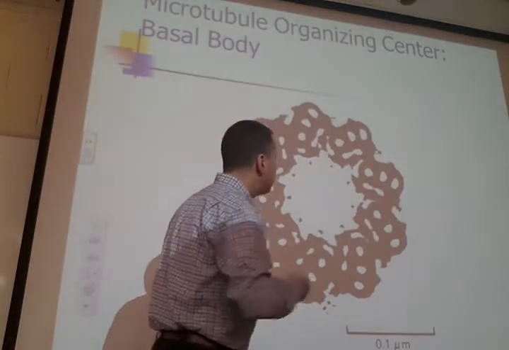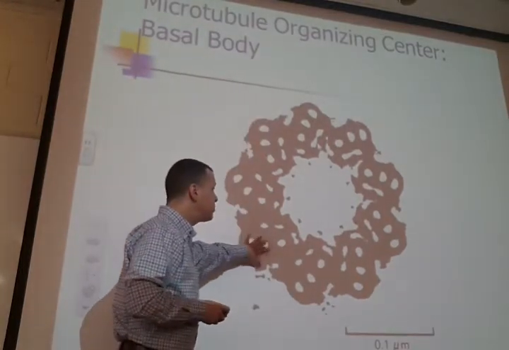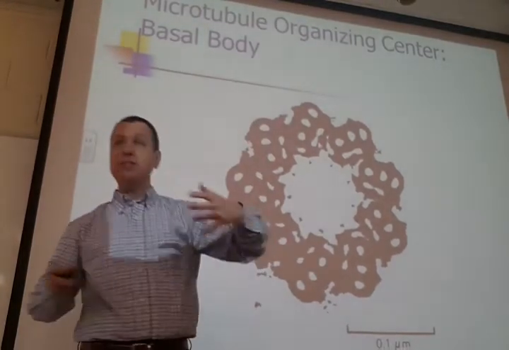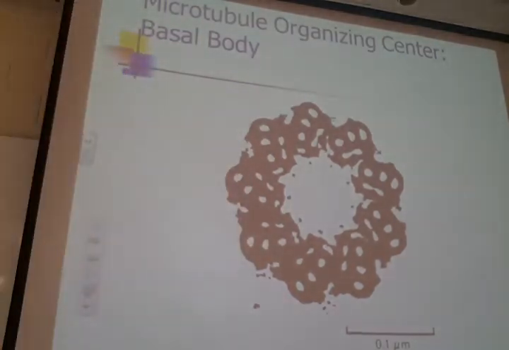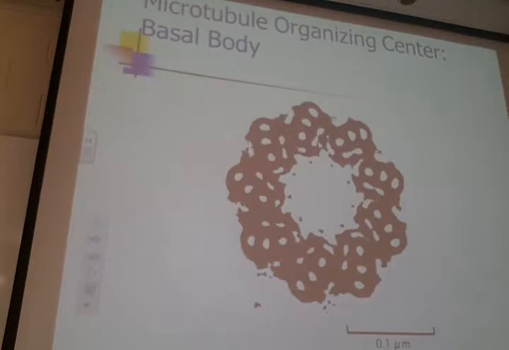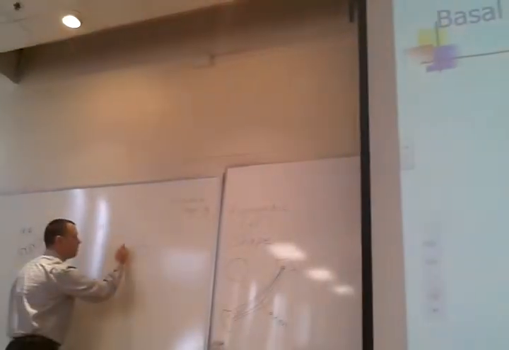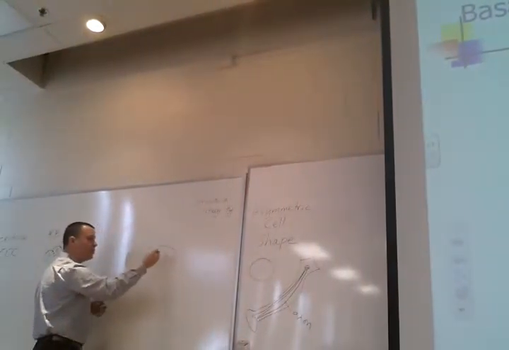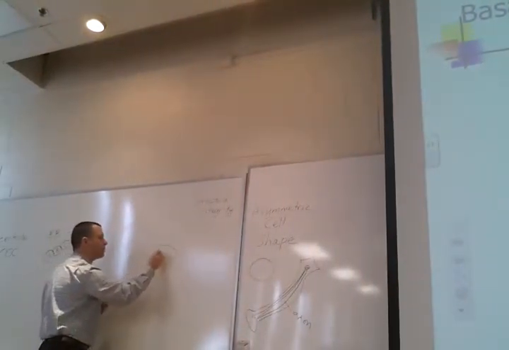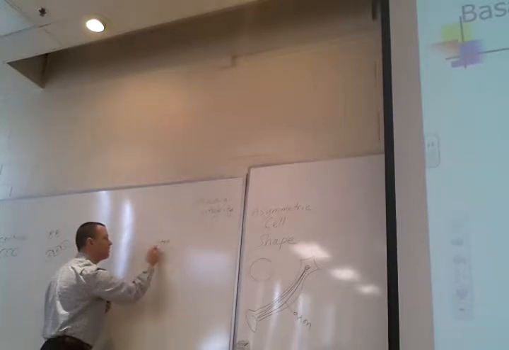And so this is what's at the base of a flagellum or a cilium. And so if we picture a sperm cell, we have the head region where all the DNA is, inside the nucleus.